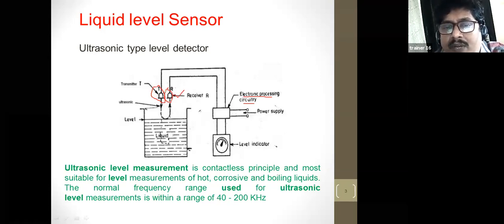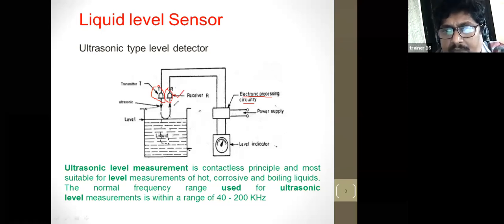That means from the transmitter, the ultrasonic waves are transmitted, right? And then when they touch the surface of the liquid, these waves are received by a receiver. Correct. Now what we have to understand here is one major parameter: how much time it takes to be received by the receiver.